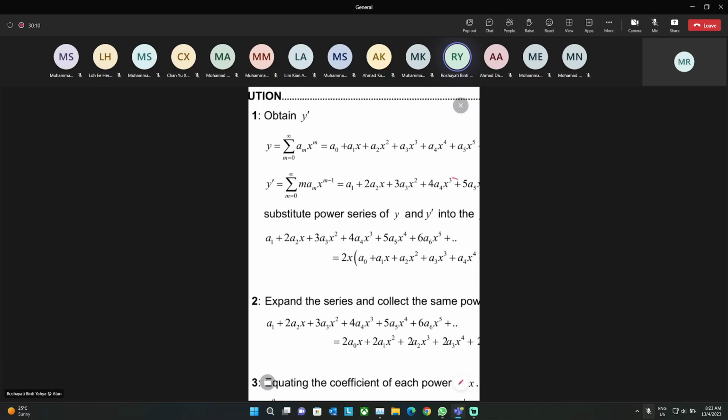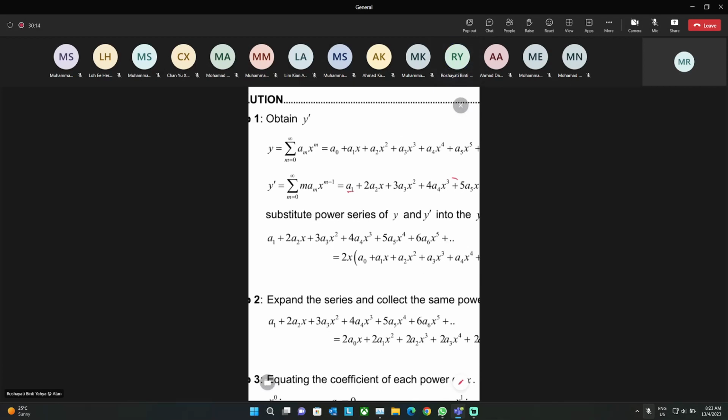So y prime equal to a1, since for a0 you differentiate a constant, it becomes 0. After that you differentiate a1x. This is a constant, x to the power of 1 actually, and then minus 1 becomes a1 x to the power of 0, so it becomes a1.